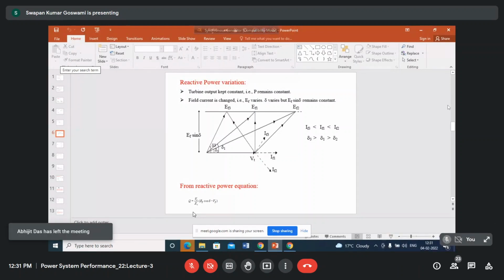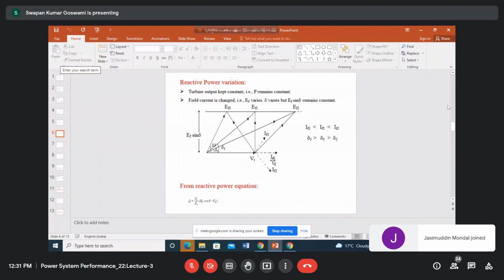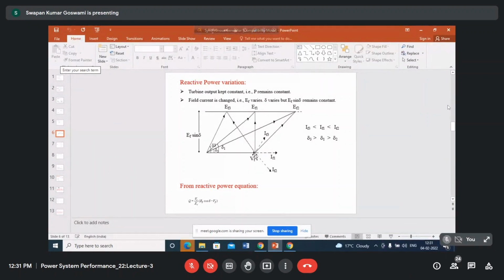That means the power factor of the generator is unity. So this corresponds to this position, EF1 and IA1, the armature current. In that case, Vt and IA1 are in the same phase. That means the power factor is unity.